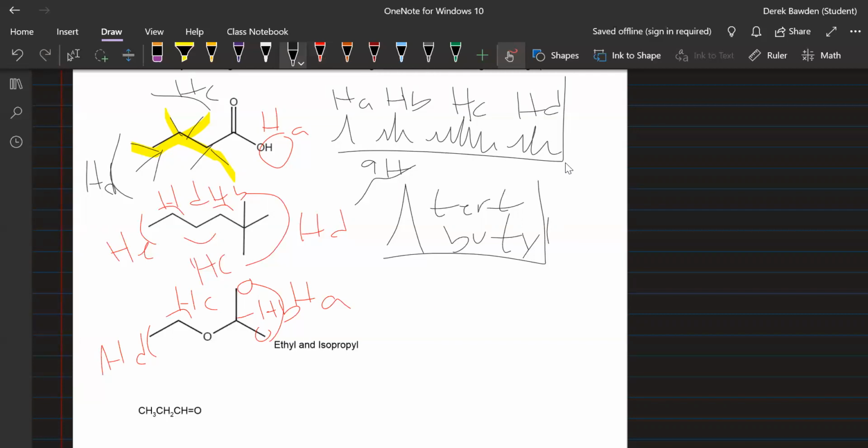The pattern you're going to see here is if you see a multiplet, which is like a bunch of peaks basically, and it has 2 hydrogens, and then you also see a multiplet with 1 hydrogen, and then you see a doublet with 6 hydrogens, that's going to tell you that you have an isopropyl.